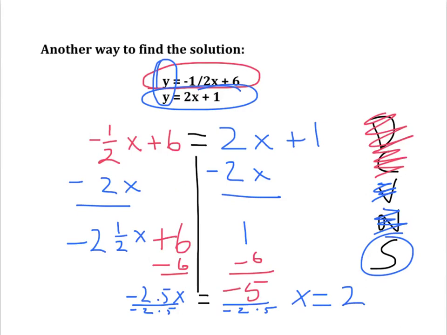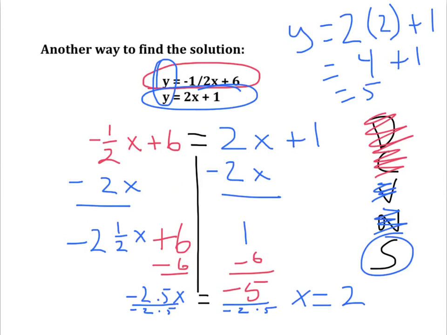And then I go back up and I plug that 2 in for x into one of my equations. So y equals 2 times 2, plus 1. It's 2 times 2, 4. 4 plus 1 is 5. So my solution is going to be (2, 5).